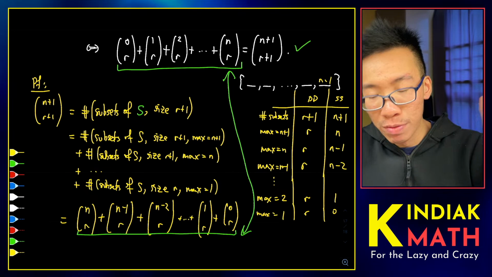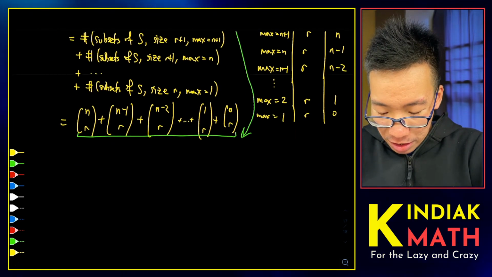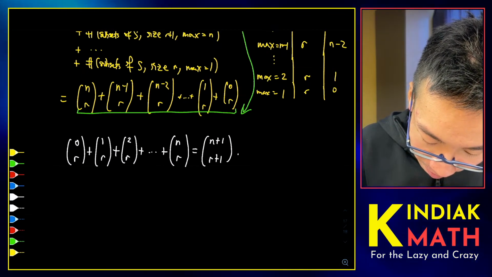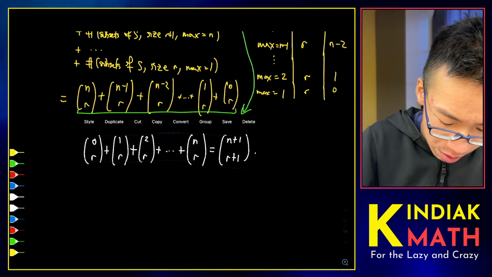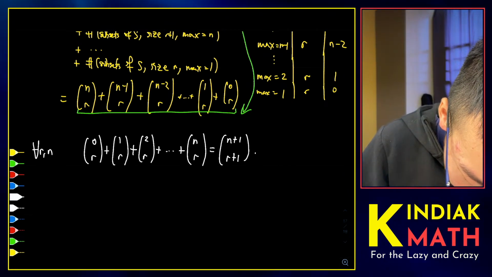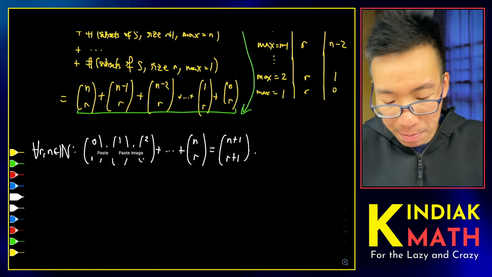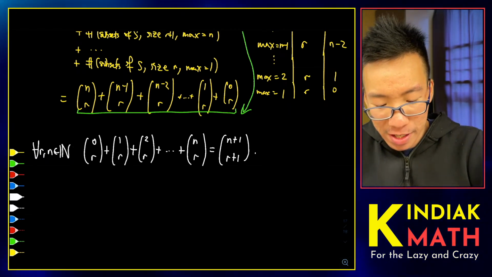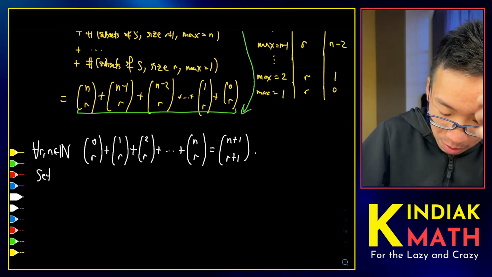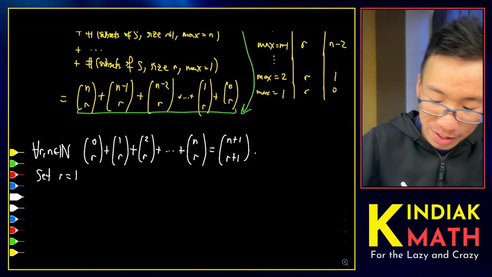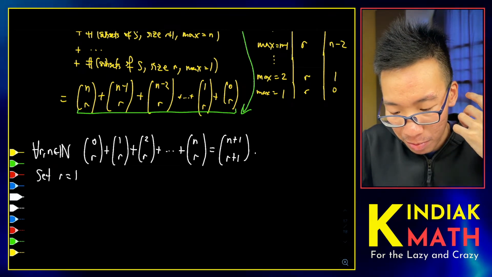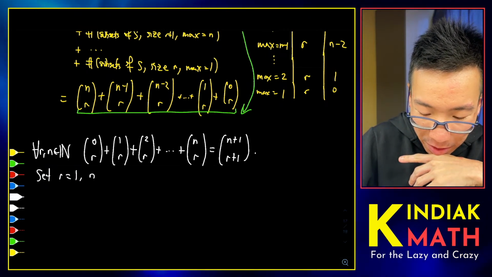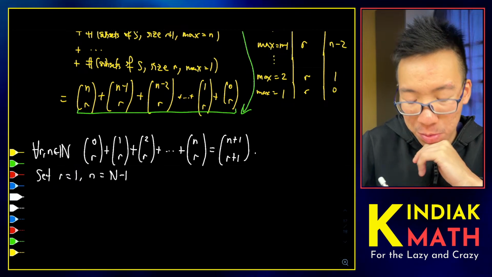Now we can prove a very interesting result using this statement over here, because this is true for any r and n in the natural numbers. And so what we have here is that in the case when r equals 1, n equals capital N minus 1, we'll just put it that way.